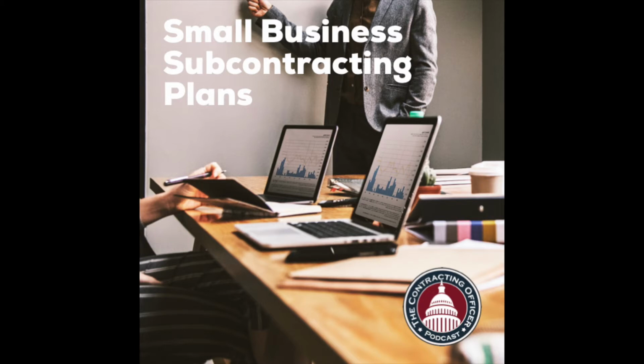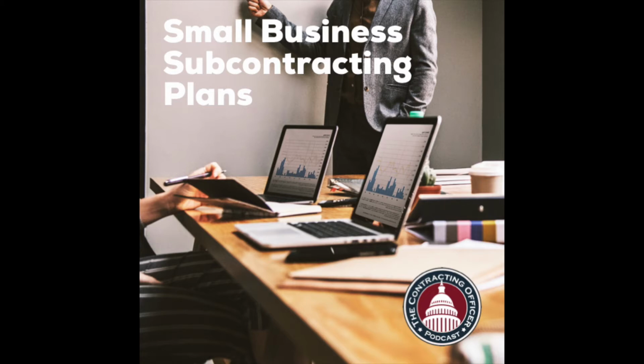It says any contractor receiving a contract with a value greater than the simplified acquisition threshold, which is currently $250,000, must agree in the contract that small businesses, veteran-owned small businesses, service-disabled veteran-owned small businesses, HUBZone small businesses, small disadvantaged businesses, and women-owned small business concerns.